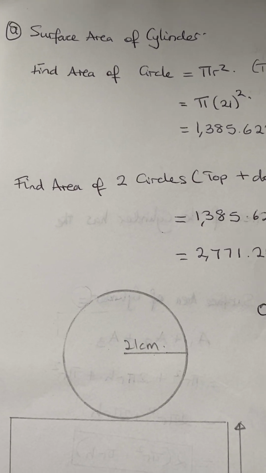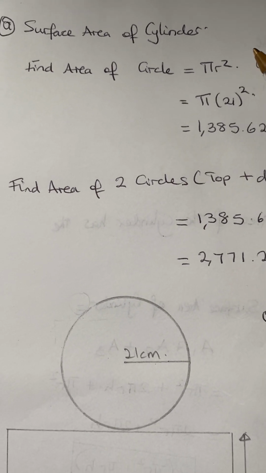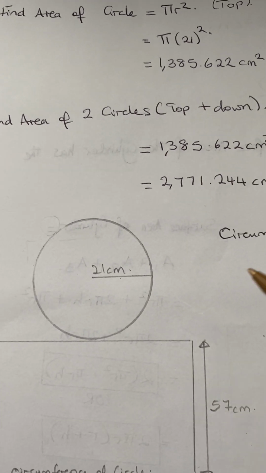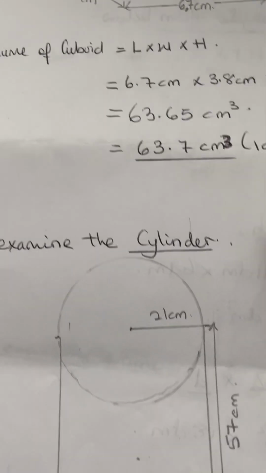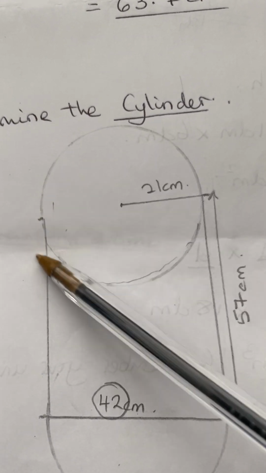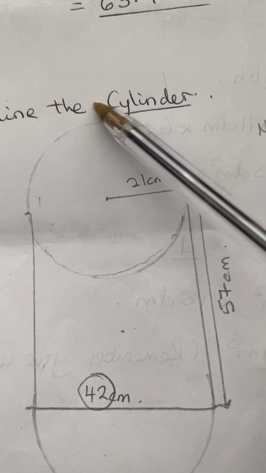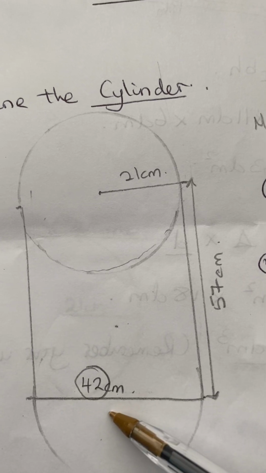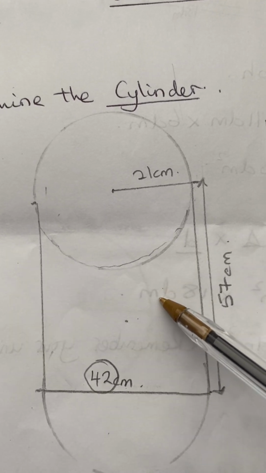To find the surface area of the cylinder, first of all, we need to find this. The diagram has 2 circular parts, so we need to find the area of the circle bit first, and then I'll show you how to find the middle part.